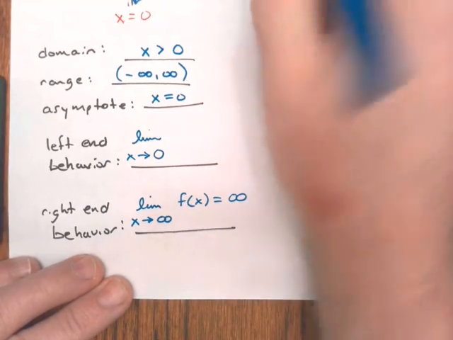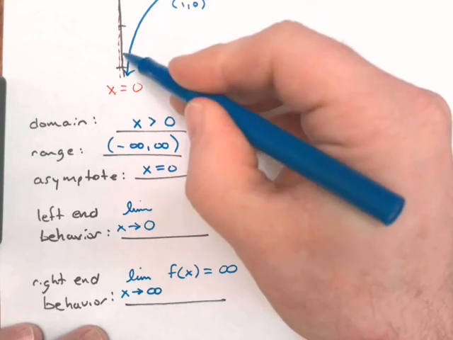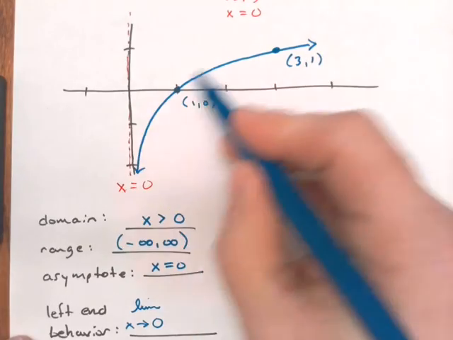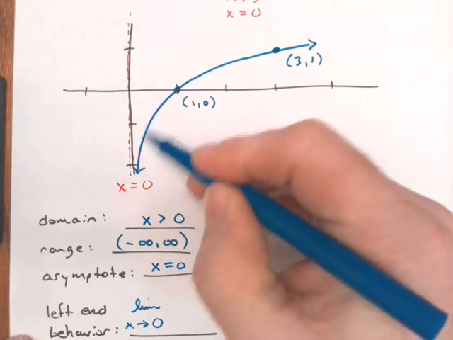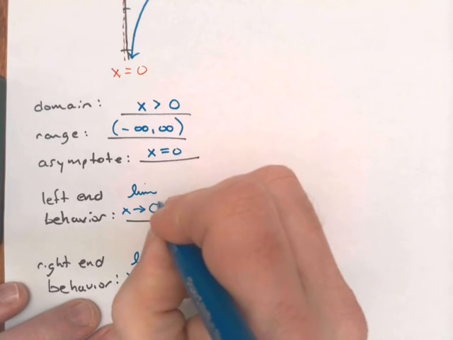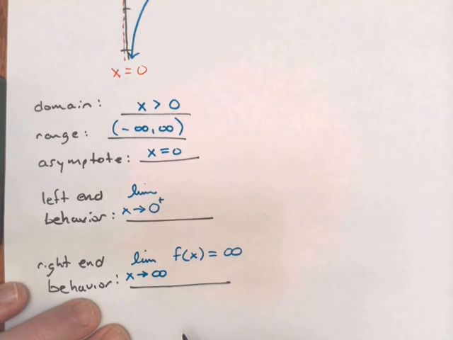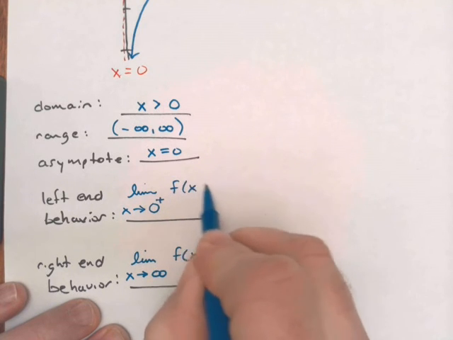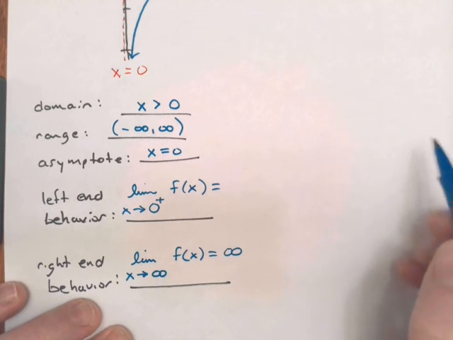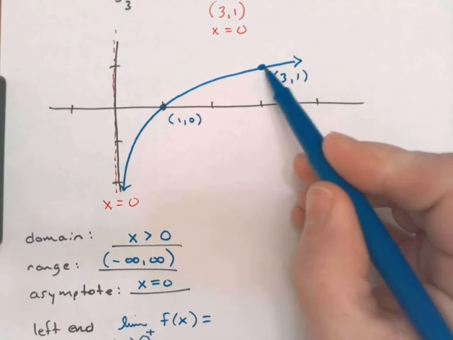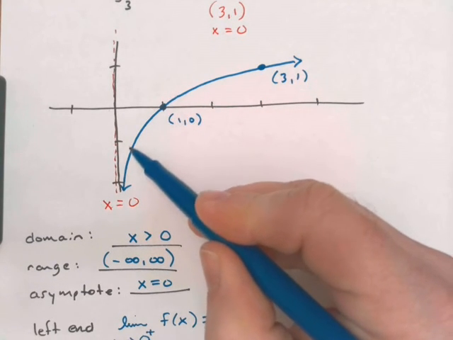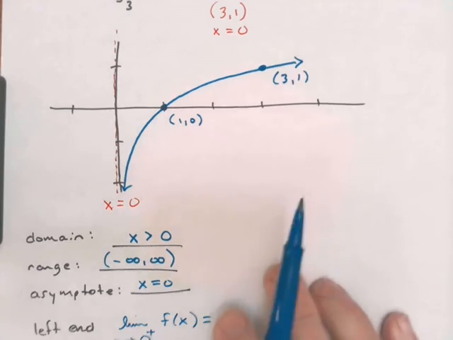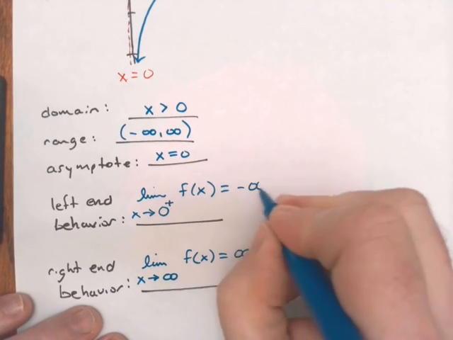So as we go over to the left, we are approaching our vertical asymptote from the right side, from the numbers that are a little bit bigger. So I'm going to put a little plus there. And then we need to describe what our height is doing as that happens. As you get really close to an x-coordinate of 0 from the right side, our graph goes down to a height of negative infinity.